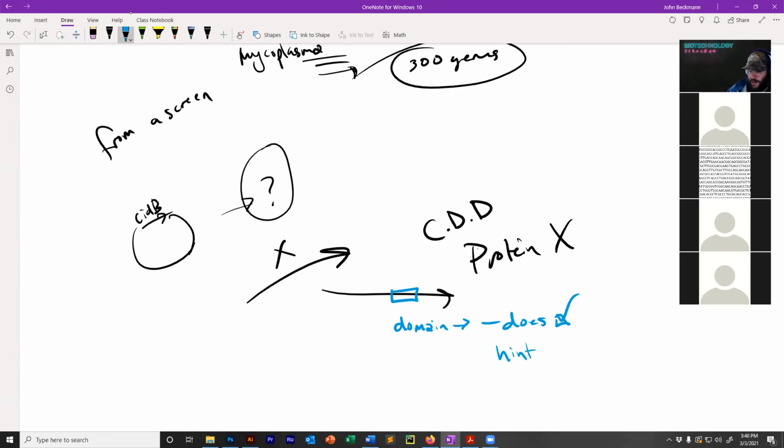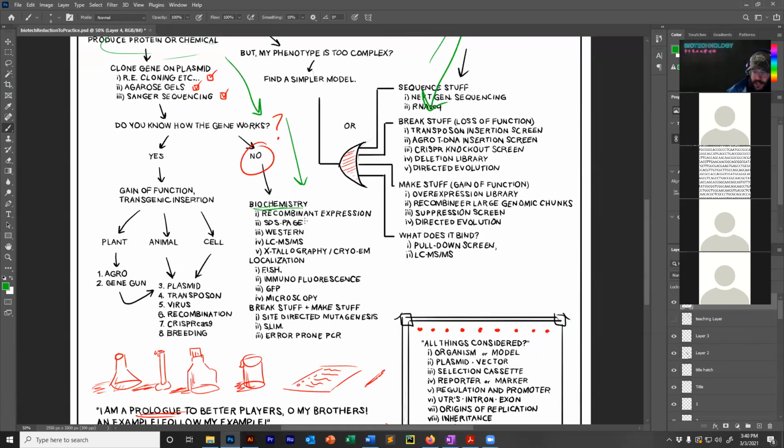Now maybe you explore that and prove it. So maybe if it's a phosphatase, or a ubiquitinase, or a deubiquitinase, or a kinase, that's going to give you some hints for what it's doing, and you can explore that with biochemistry. But to do that, you're going to have to recombinantly express the protein.